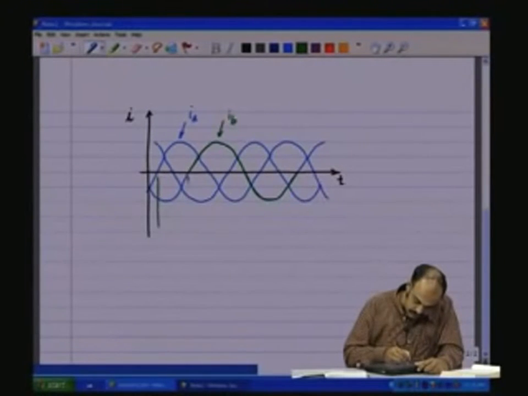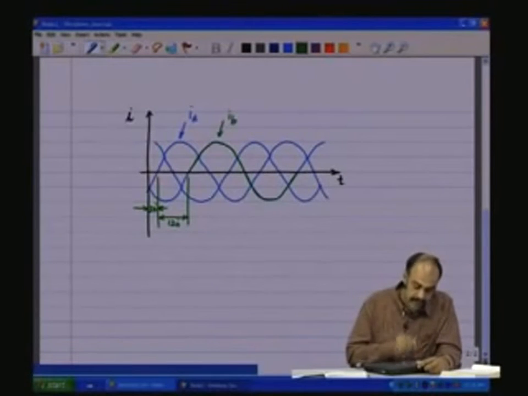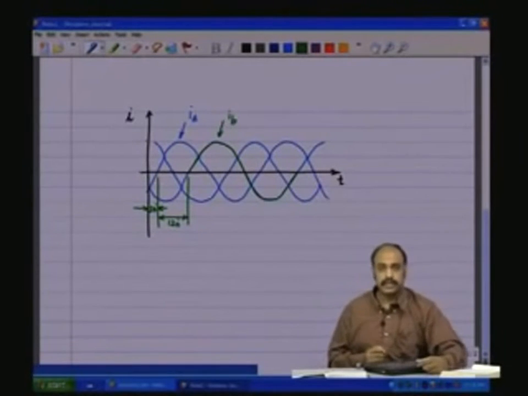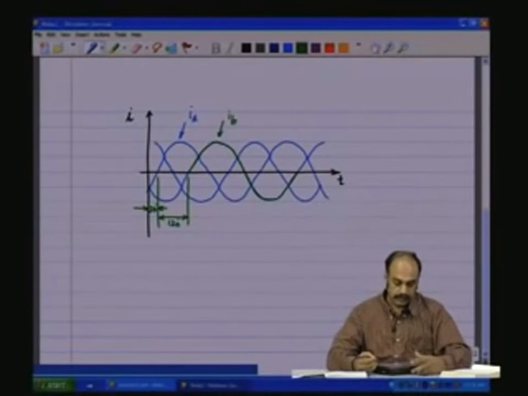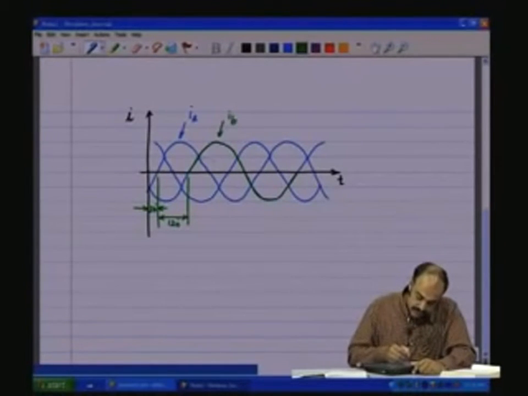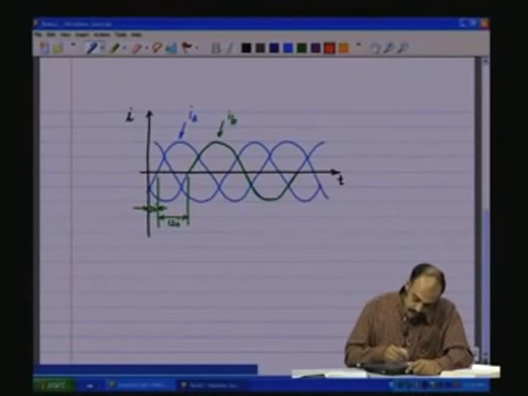This is 120 degrees. Now, this would be 30 degrees. See that IA is lagging the reference. In this case, the reference would be the line voltage, let us say. It is lagging by 30 degrees with respect to the line. And let us take the red waveform for IC.